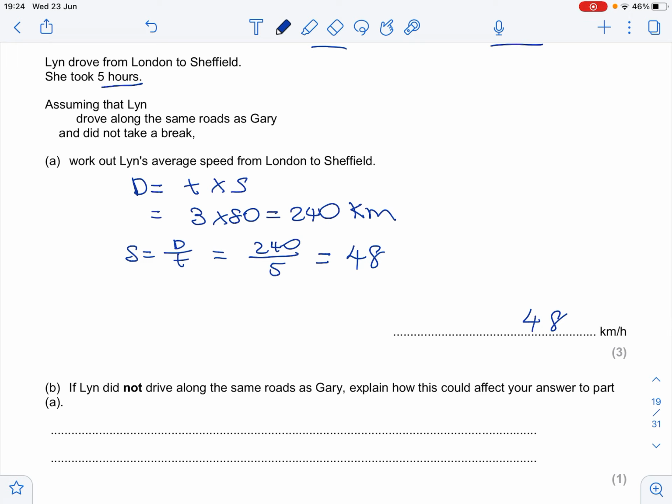If Lynn did not drive along the same road, explain how this affects your answer to part A. So she might be driving a different distance. So they're not driving the same road. The distance they traveled will be different. So she may drive a different distance.